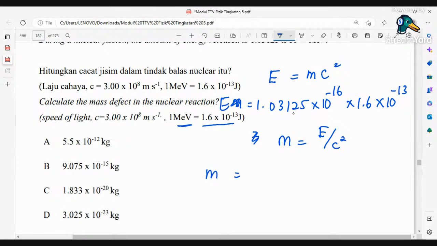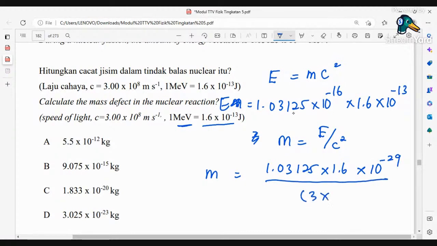So m equals 1.03125 times 1.6 times 10 power negative 29 divided by 3 times 10 power 8 to the power 2.